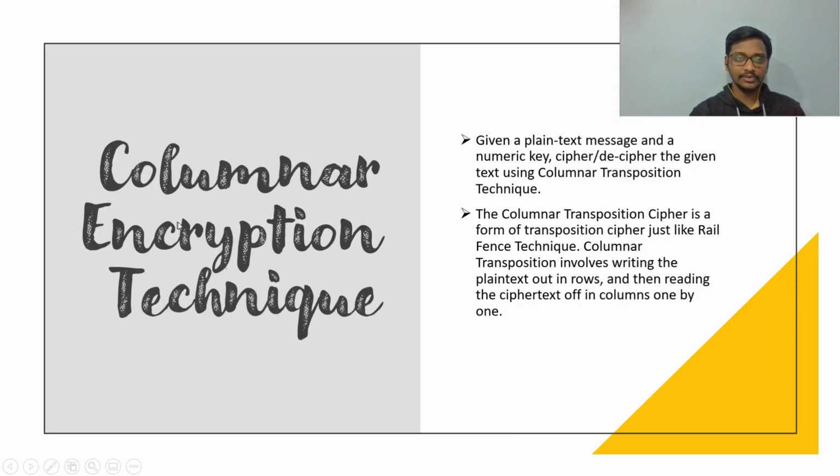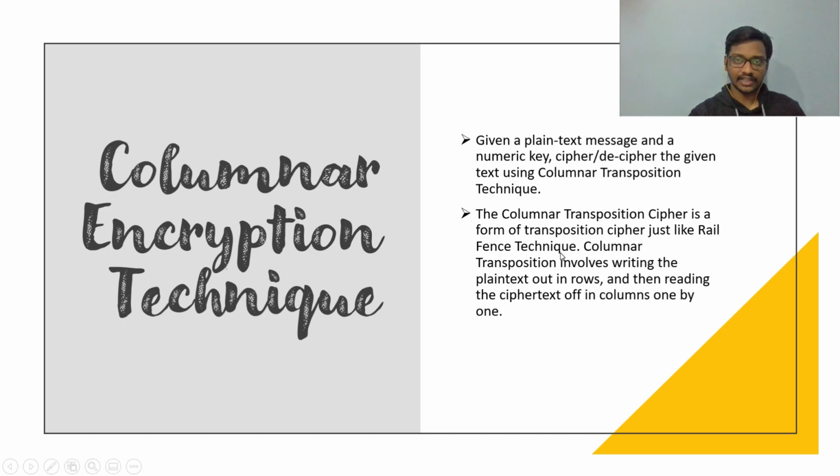When we come to the columnar encryption technique, in this process we are given a plain text message and a numeric key, and we have to convert it to the ciphertext using the columnar transposition technique. The columnar transposition technique is a form of transposition cipher, just like the rail-fence technique.